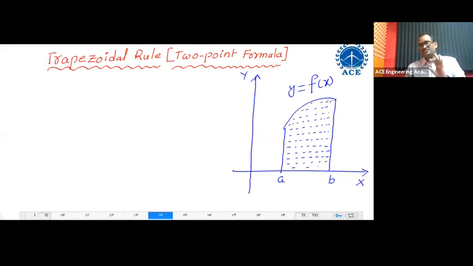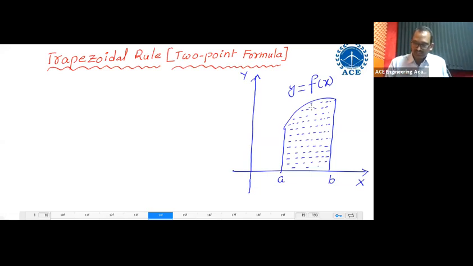Suppose you are unable to find the area under this curve between these two lines, then in the trapezoidal rule the curve is replaced by, this is the curve.